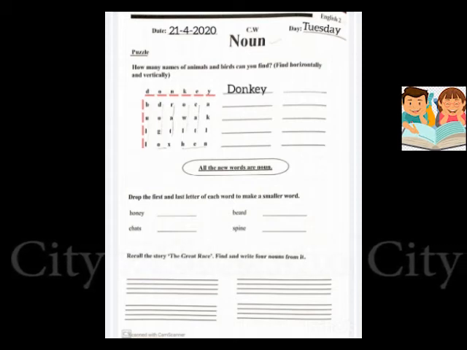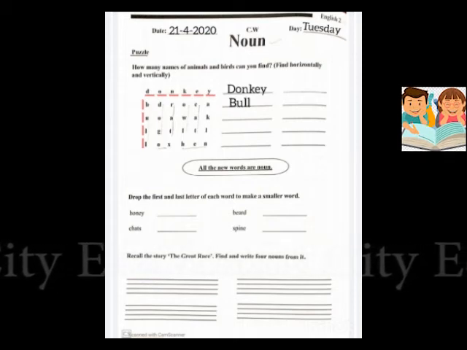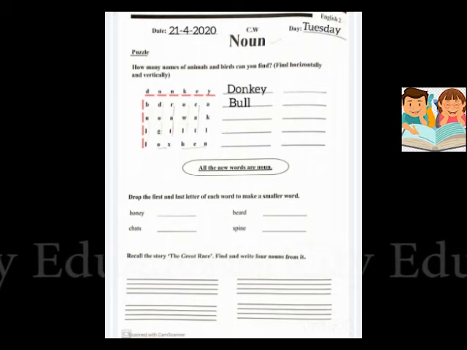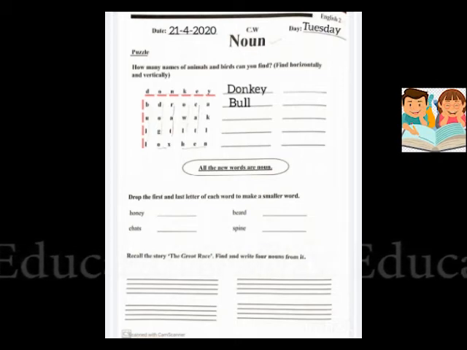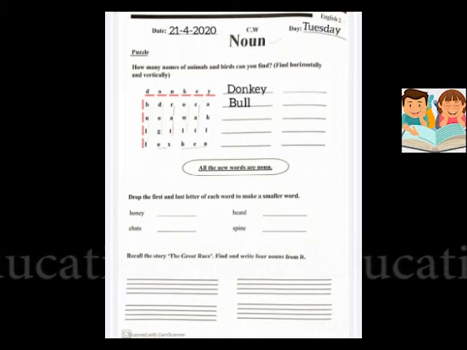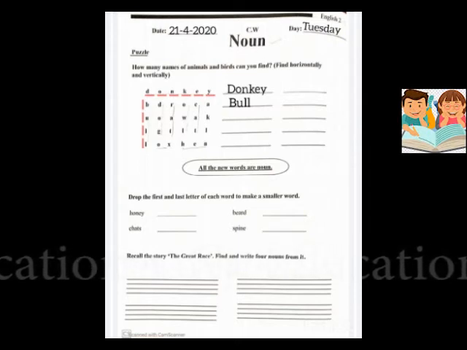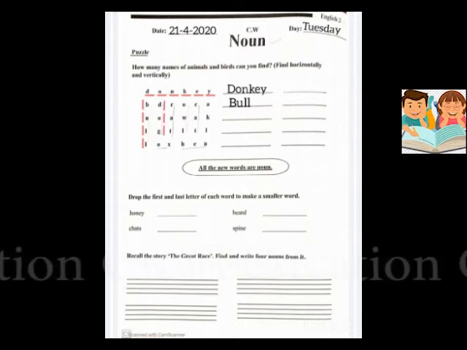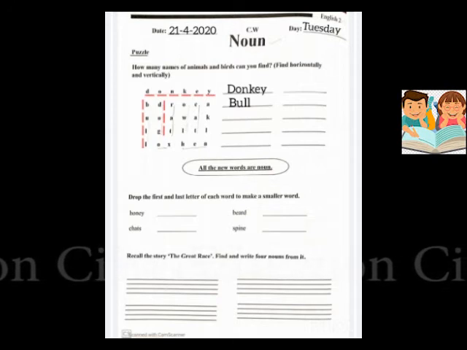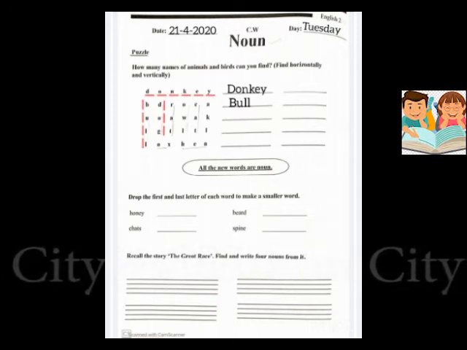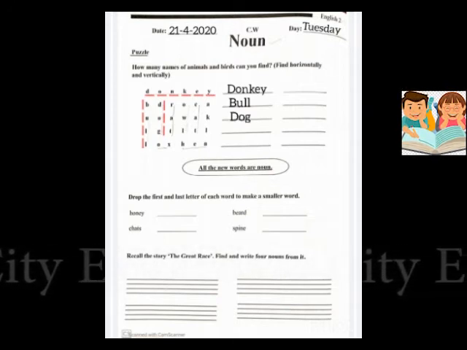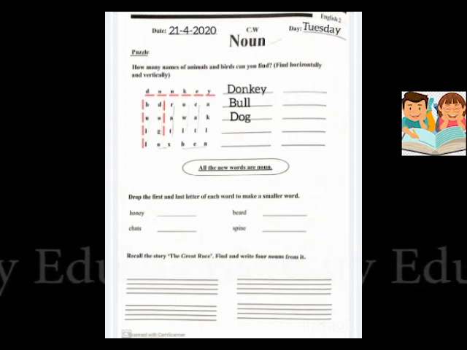So we will write on the next blank bull. And the third word we will find in the vertical line on the next line, dog, D-O-G, dog. So we will write here on the third blank dog.